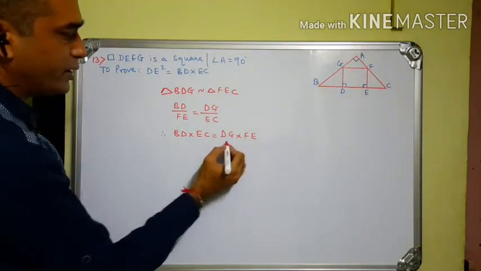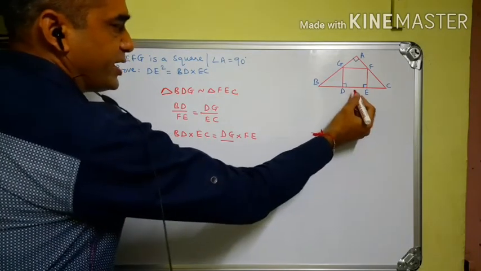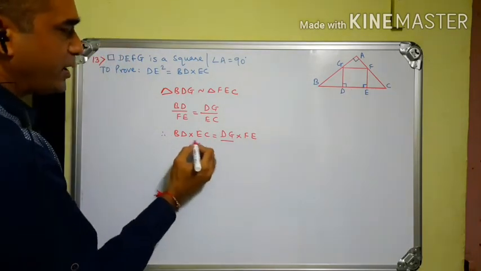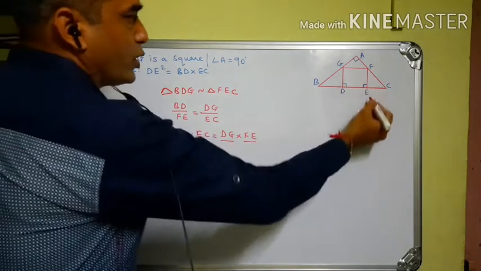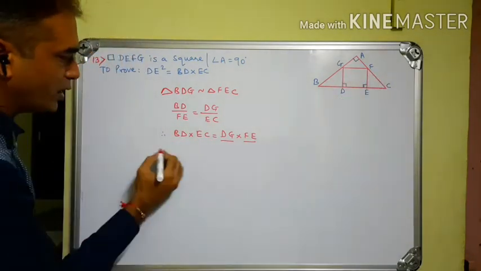So instead of DG we can write side DE, and instead of FE also we can write side DE. All sides are equal.